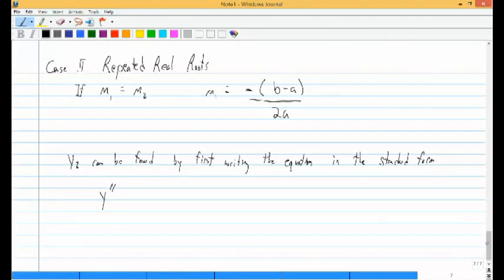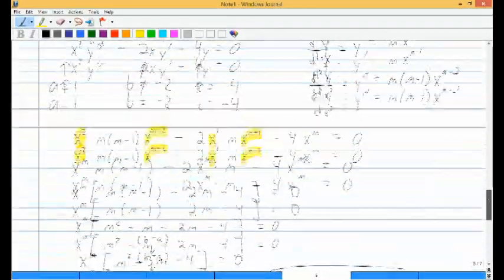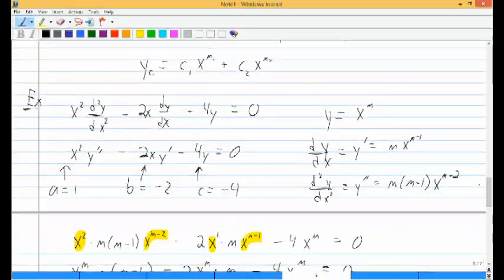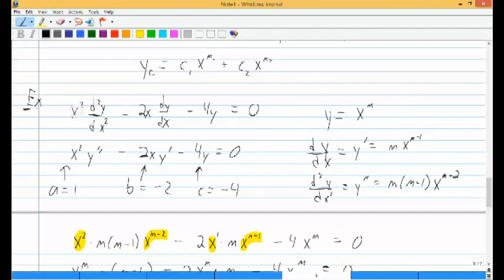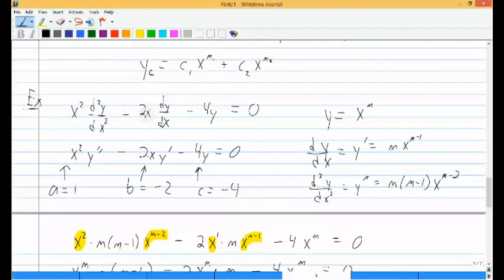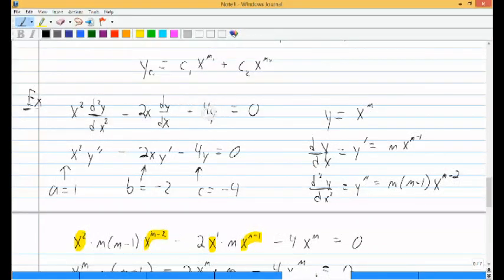Now that's going to have consequences because remember what's in front of a Cauchy-Euler second derivative, an x squared. So then you're going to divide this by x squared, and you're going to divide this by x squared.